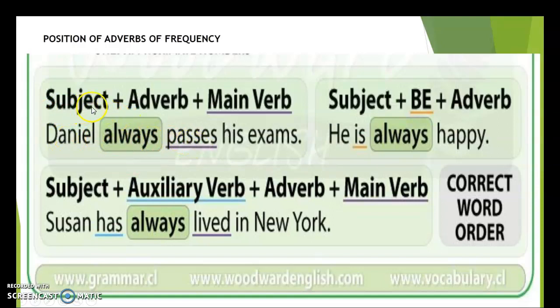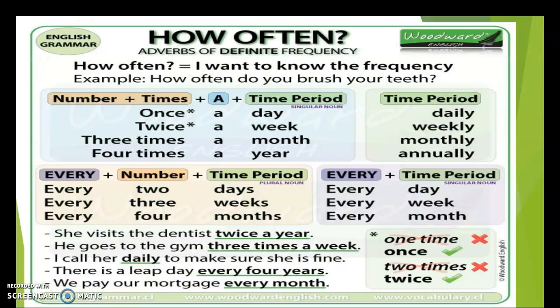So I use subject plus the adverb plus the main verb. Daniel always passes his stamps. If I'm using the verb to be, I have to use the adverb of frequency after the verb to be. Right? So let me check here and go back.